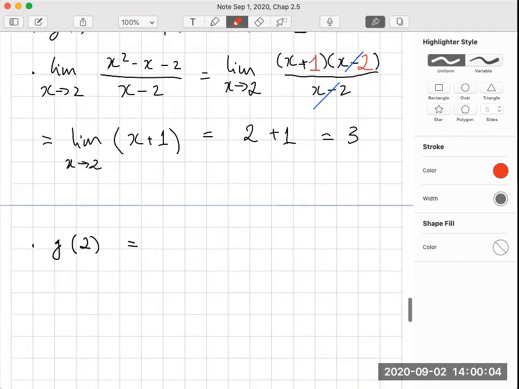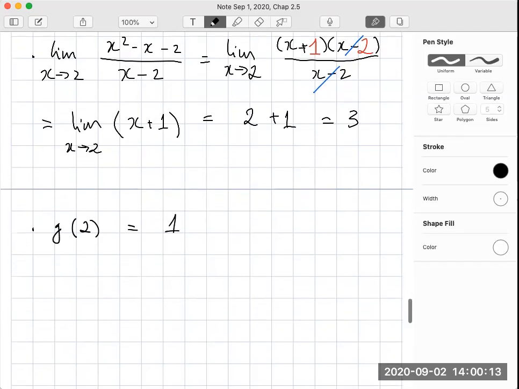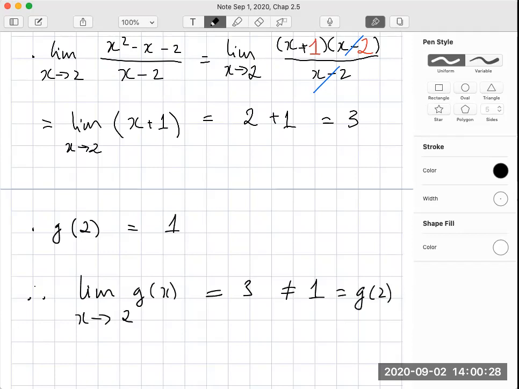So it is 1. We see that the limit of g of x when x approaches 2 is equal to 3, which is different from 1, and 1 is g of 2, right?